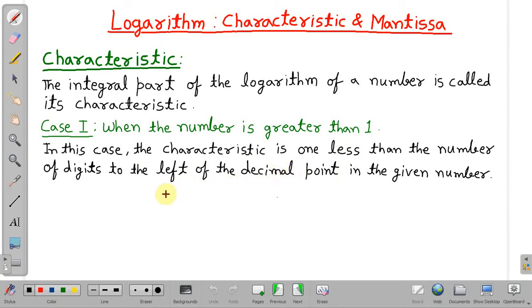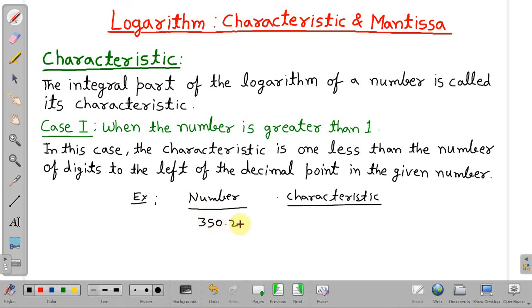That will be the characteristic. So we will try to find it using examples. Okay, so we will see some examples, then we can easily understand. Suppose the number is 350.25.